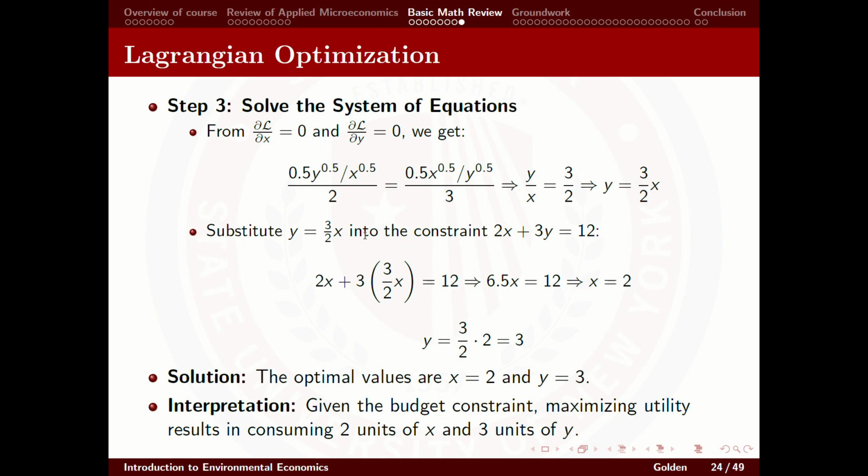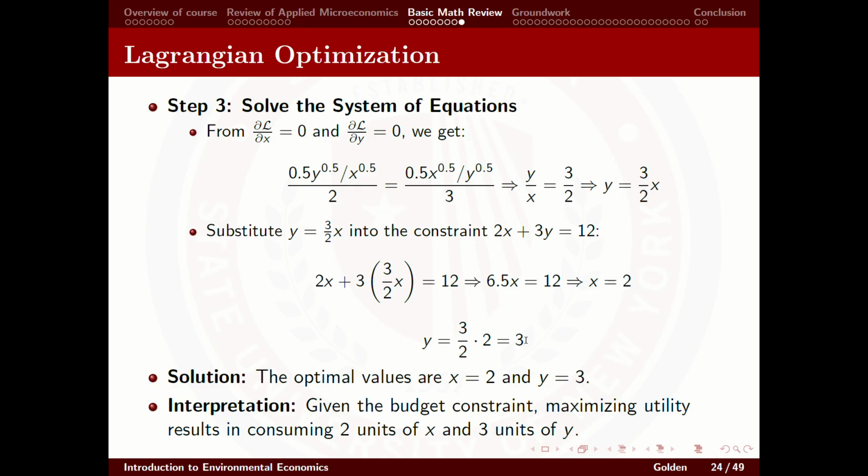And then we substitute y equals 3/2 x into the constraint, and then we solve for it, and we get 2x plus 3 times 3/2 x, that equals 6.5x equals 12. x equals 2, y equals 3/2 times 2 equals 3. The optimal values are x equals 2, y equals 3.